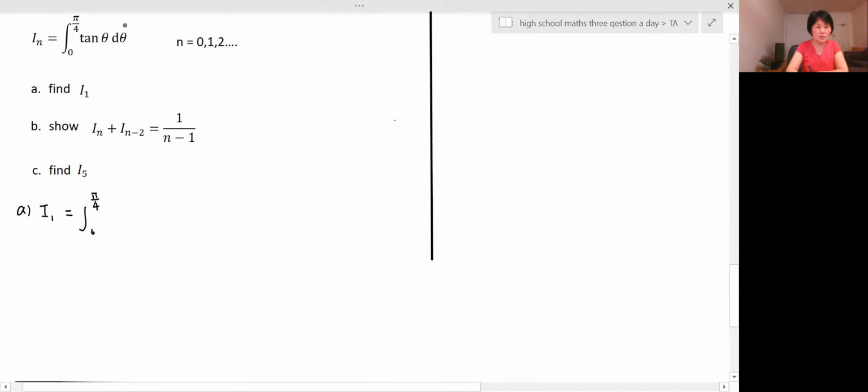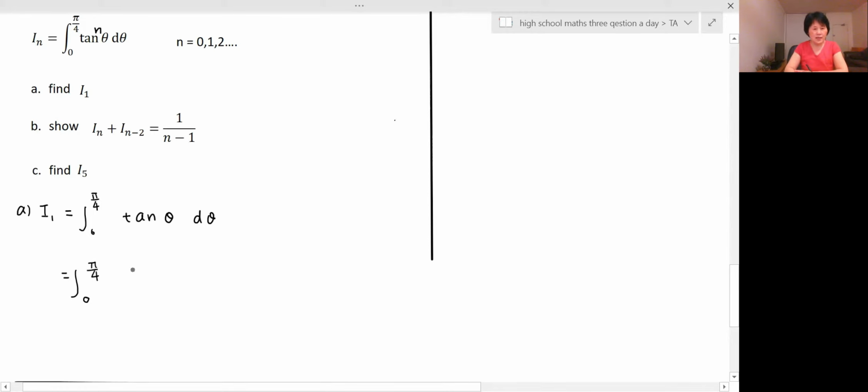I1 is the integration from 0 to pi on 4. Since n is 1, I don't have to write the power, so d theta. Then equal to 0 to pi on 4.